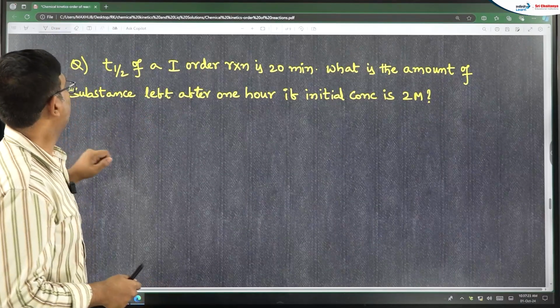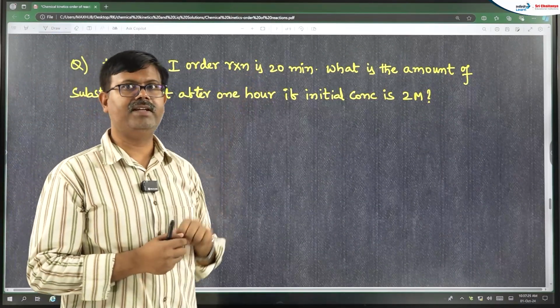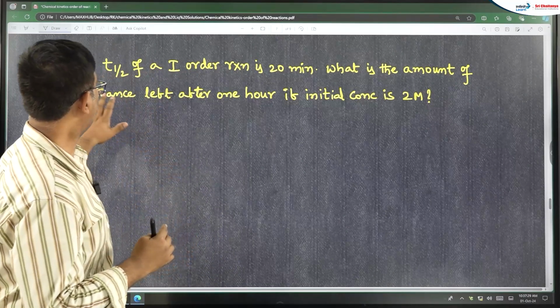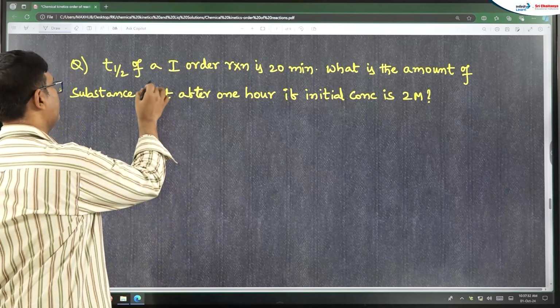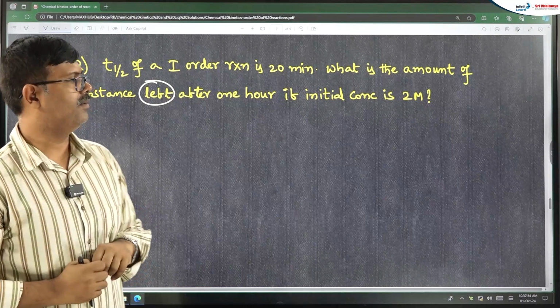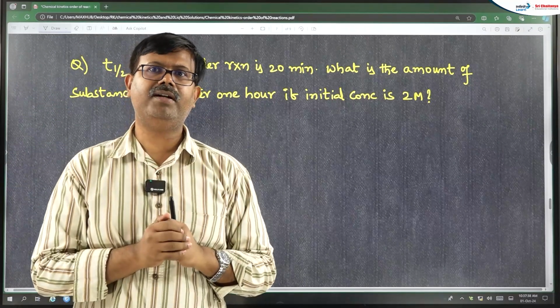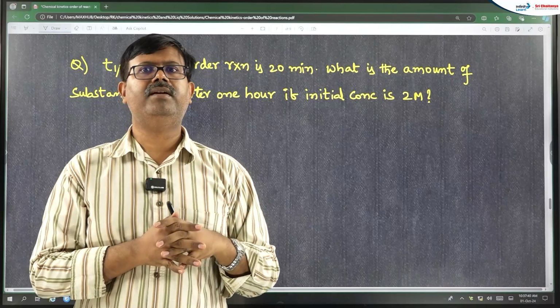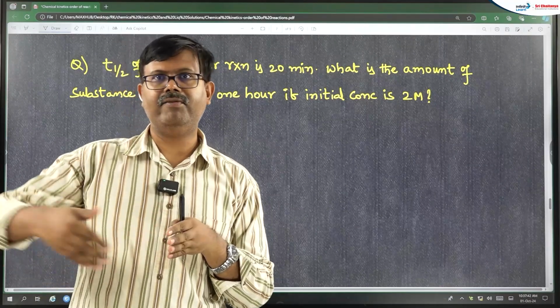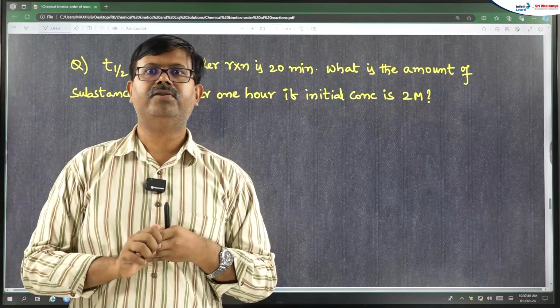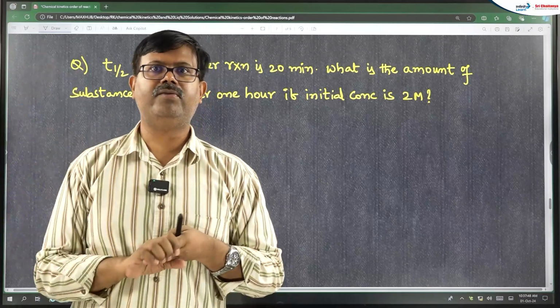See, the half-life of a first order reaction is given, t half. What is the amount of substance left after 1 hour? Remember here what the amount of substance left means. Generally people think of a person leaving the room, we say a person has left the room, so we are talking about the person gone out of the room.